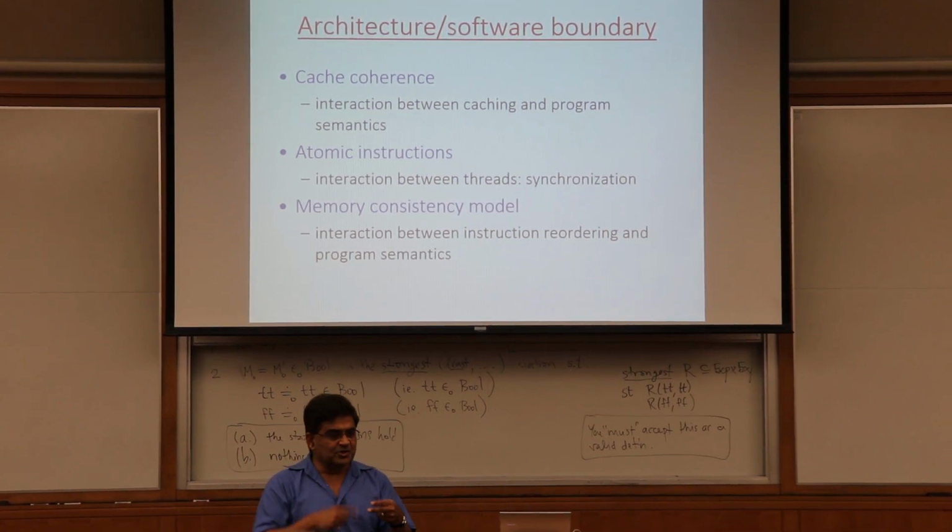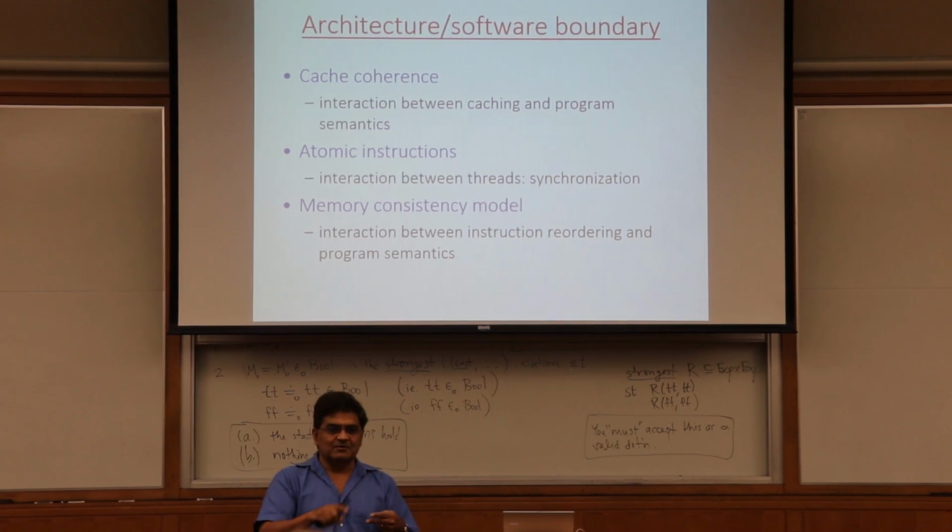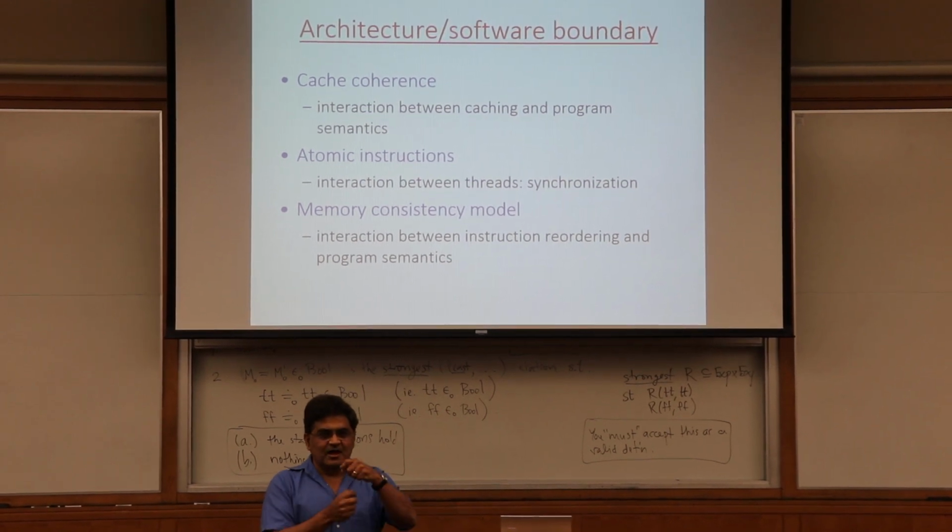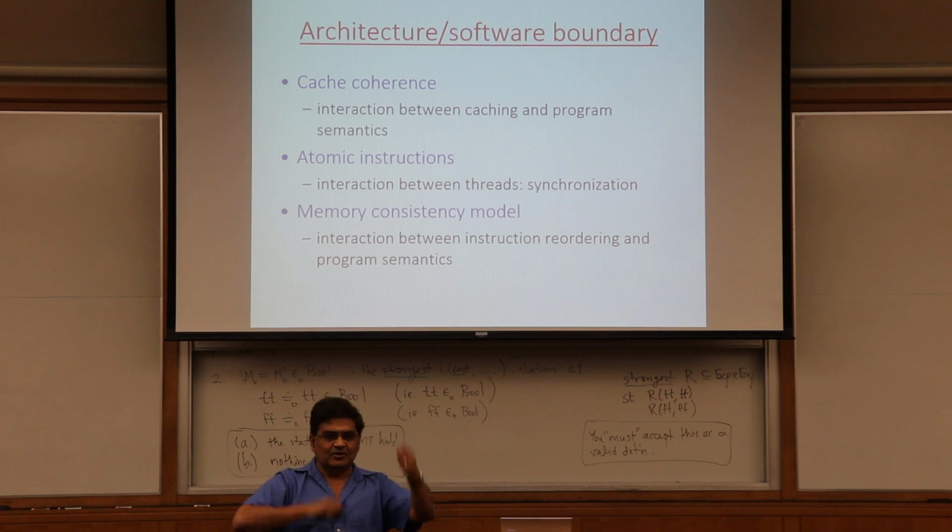And in addition, you need to be aware of the memory consistency model of the processor. So in other words, what kind of flips of these instructions and commands and so on is the compiler going to do? What kind of changes is the architecture going to do? And you need to be aware of that. But as I said, for the programs that I'm going to show you, we don't need to worry about it. So for now, I would suggest not worrying about it. I'll be happy to talk to you later.